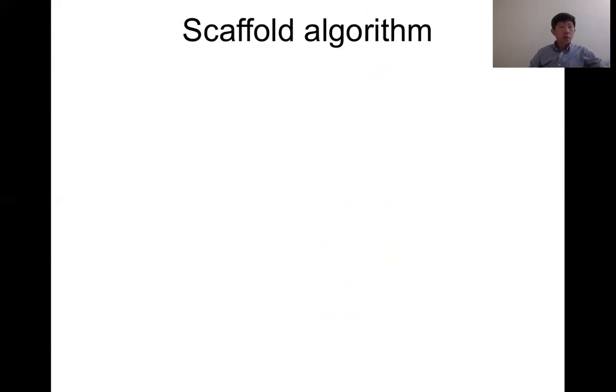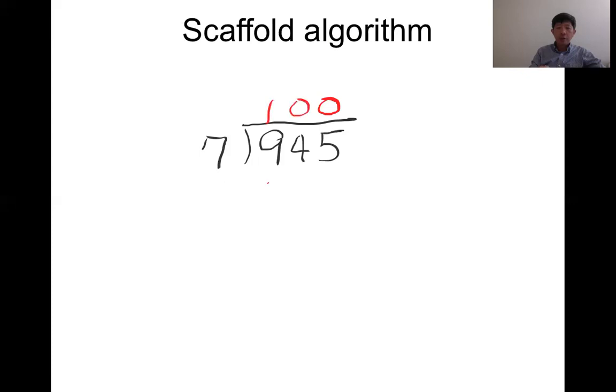Can we do another problem for the scaffold method? Yes. 945 divided by 7, right? I take out 100 times 7, so I get 700. Subtract this, I get 245.